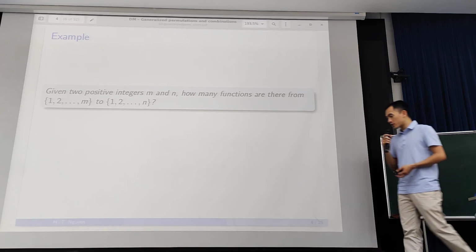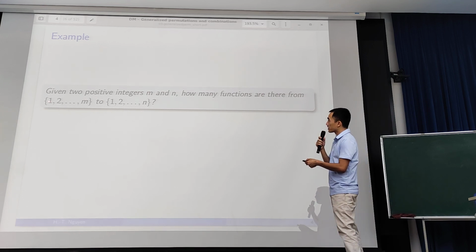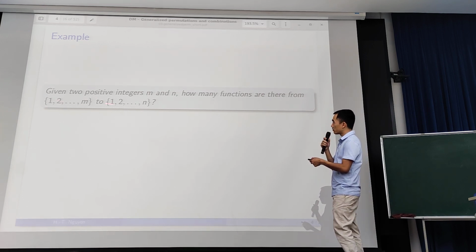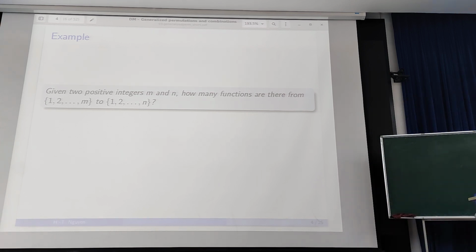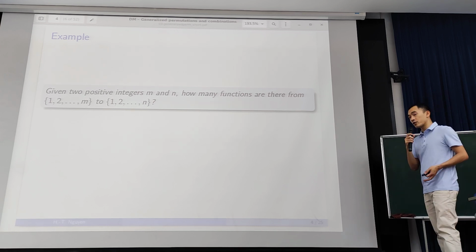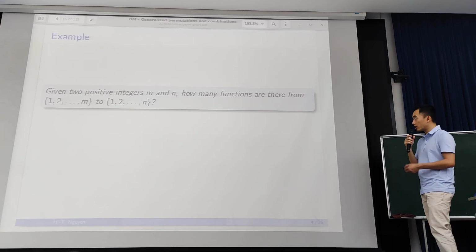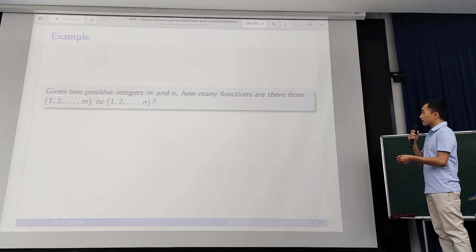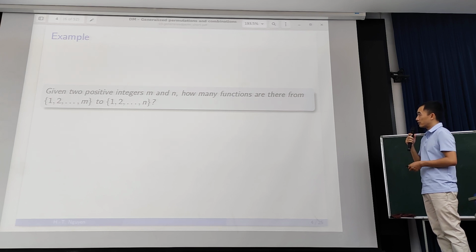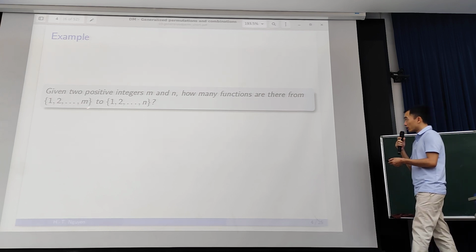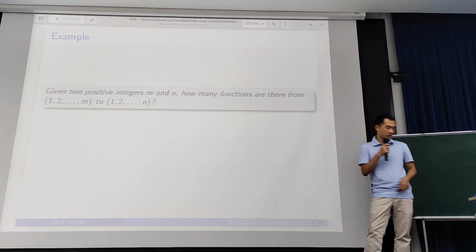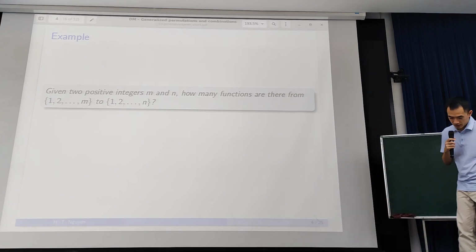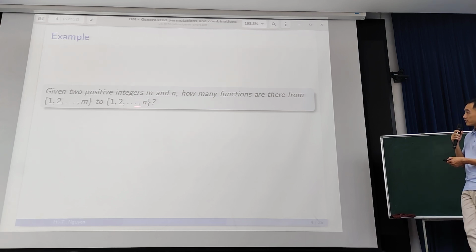Remember that a function is a way to associate each element of the first set to one element in the second set. If you don't mention anything about the function, then in general we allow each value in the domain to be associated with any value in the destination set.